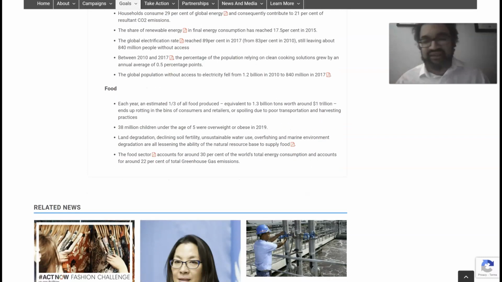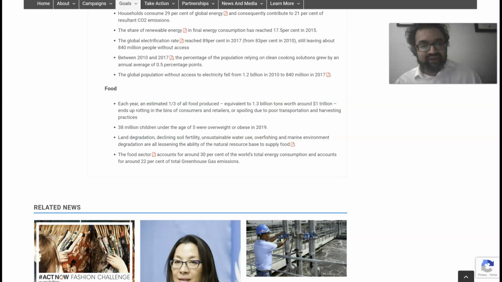And then, of course, thinking about consumption and production of food, and the land degradation that is taking place. Soil fertility is declining. Water use is becoming unsustainable, overfishing, marine environment degradation, and that affects the ability to use natural resources, and food supply, especially from water, like fishing, but also land.